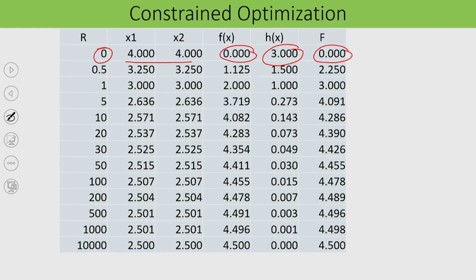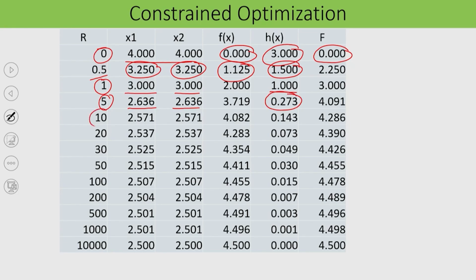So, now you increase your r. For r equal to 0.5, the solution is 3.25 and 3.25, f x is 1.125, and the constraint violation is 1.5. Then increase the r value to 1, and you get the solution 3 and 3, with constraint violation 1. For r equal to 5, you get 2.636, 2.636, and the constraint violation is 0.273.